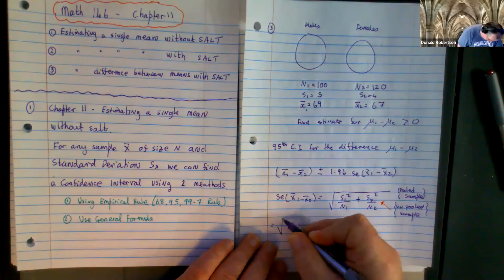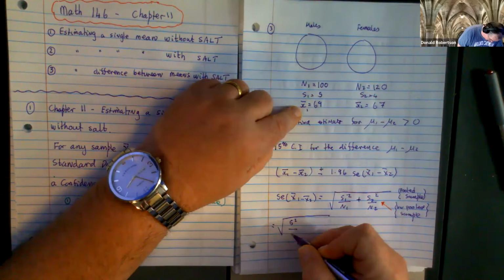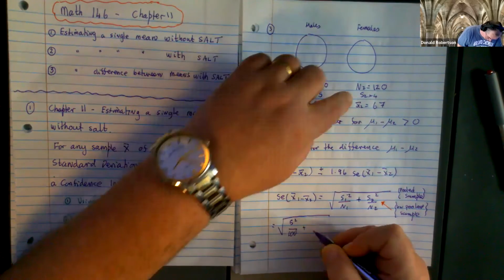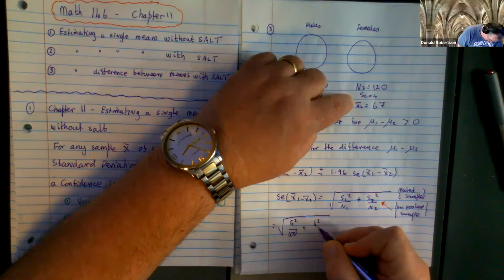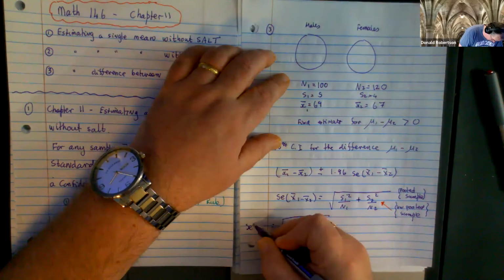So if you take this guy, which is 5 squared, and you divide it by the sample size, which is 100, and then you take the next one, which is 4 squared, and you divide it by a sample size of 120, that's what the standard error would look like.